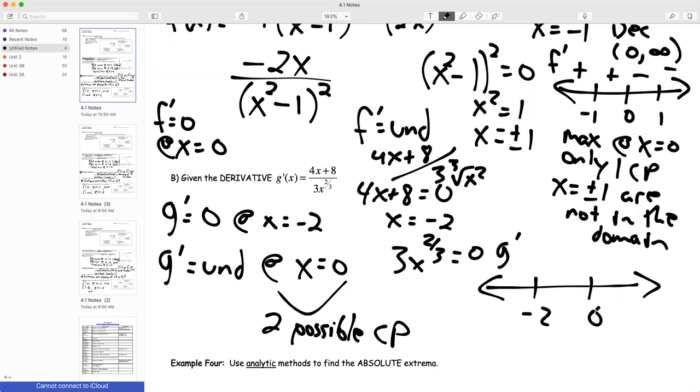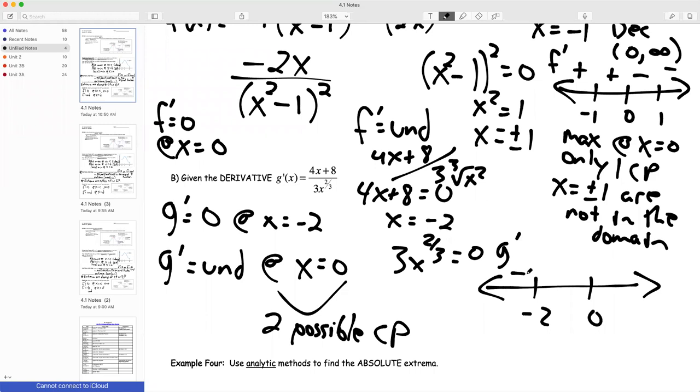Look at the variable in the denominator. The variable is squared. It's x squared. Therefore, it is always positive. So I'm going to ignore that and only look at the numerator, the 4x plus 8. If I pick a value on the left side of negative 2, let's say negative 3, I plug in negative 3, I get negative 12 plus 8, which is negative.